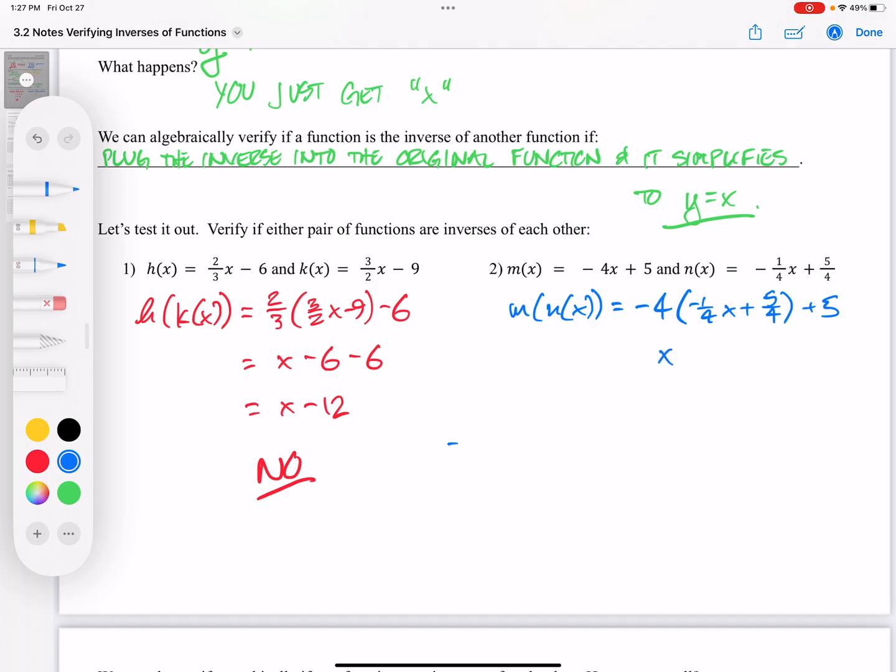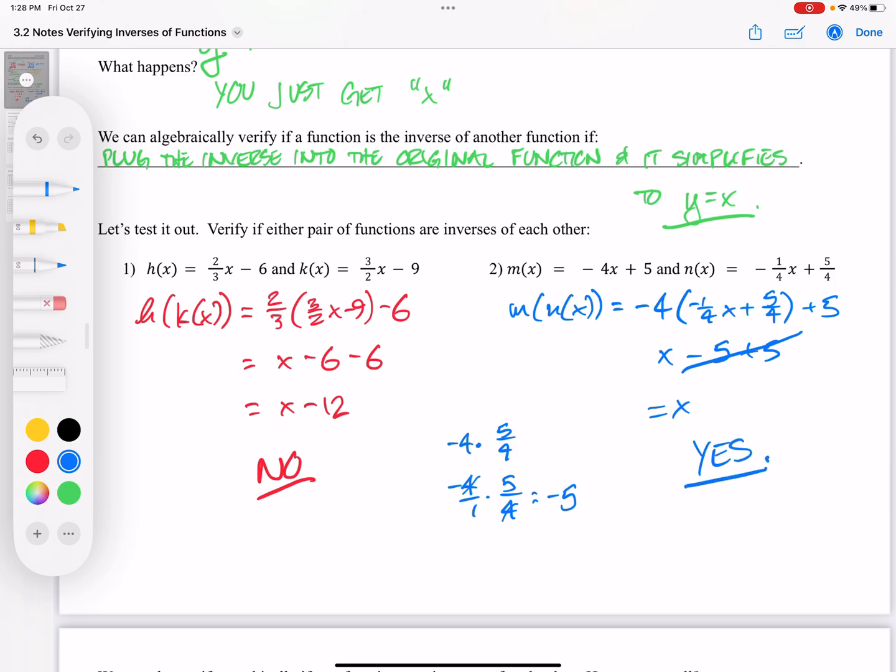And recall that minus 4 times 5/4 is the same thing as minus 4/1 times 5/4. The easiest way to do that is to see that the 4's cancel, and this just gives me minus 5. So this is x minus 5 plus 5. Those cancel out, so this gives me x, and yes, those are inverses.